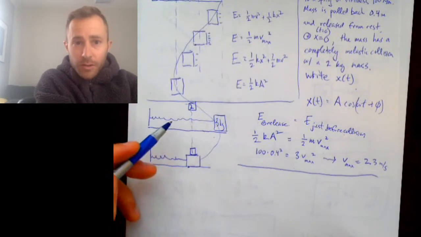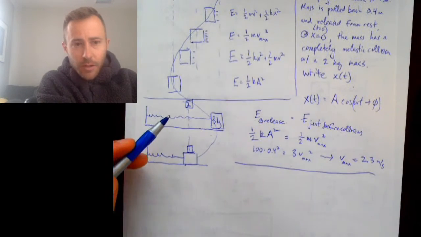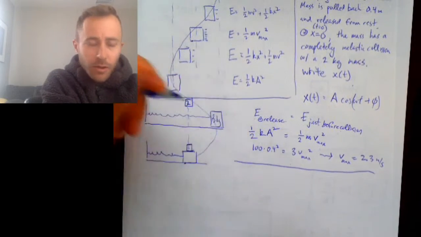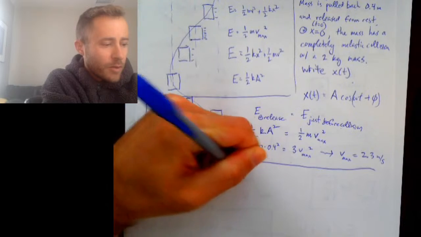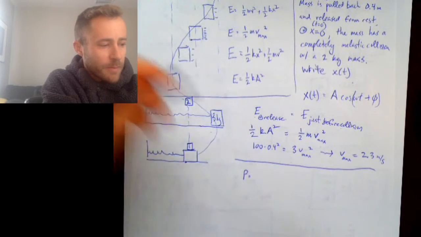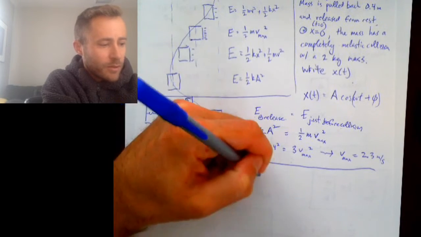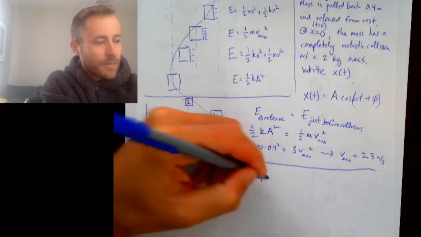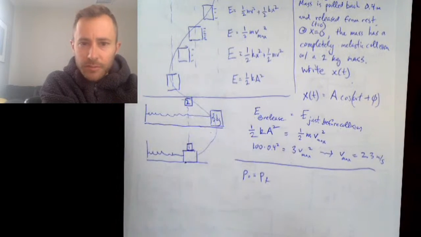But now we have a collision, and in a collision, conservation of momentum is king. The momentum before the collision is equal to the momentum after the collision.